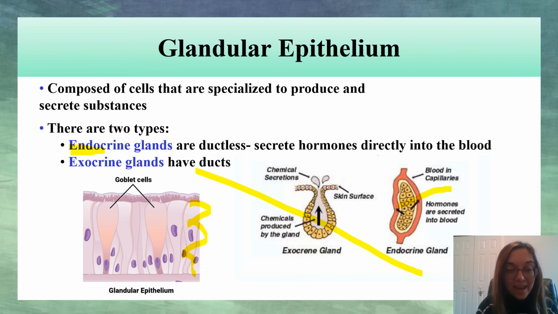Exocrine glands do have ducts, which you can see, this is a duct right here, and they secrete things outwards. Endocrine glands secrete directly into the blood, versus exocrine glands that could secrete right onto the surface of the skin.